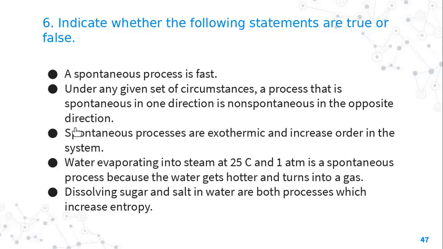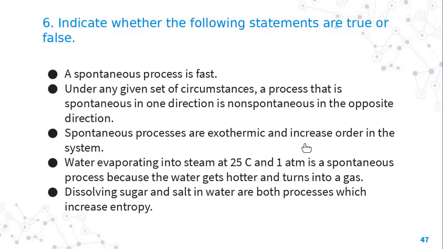All right, so moving on to the third part. How about spontaneous processes are exothermic and increase order to the system? Right, so typically spontaneous processes are, for the most part, exothermic.